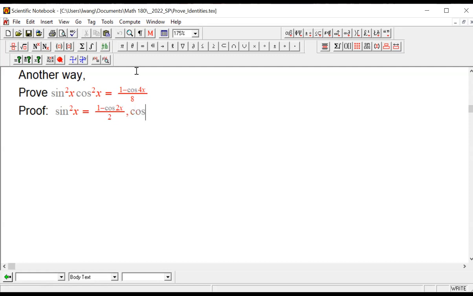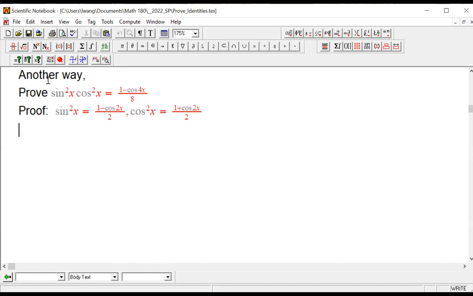I hope you remember by this time, cosine square of x equals half of 1 plus cosine 2x, right? We proved this in the proving formula diagram, in those lessons.